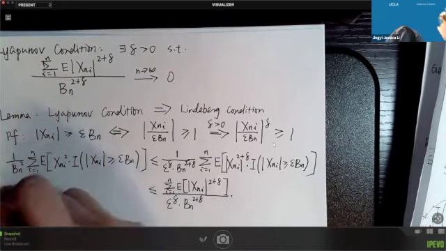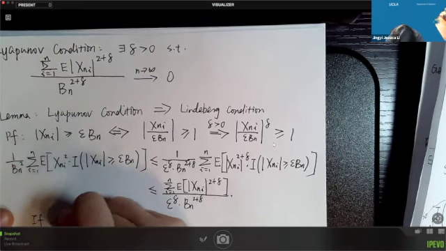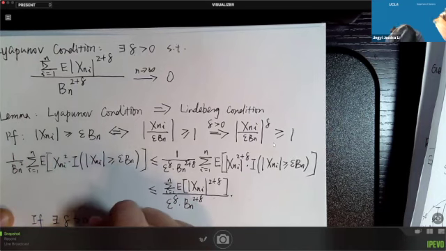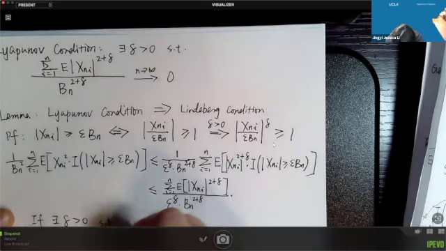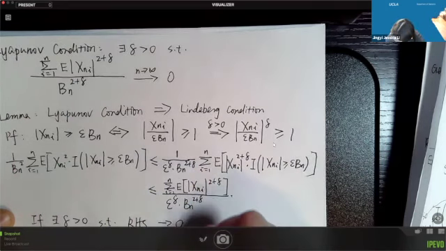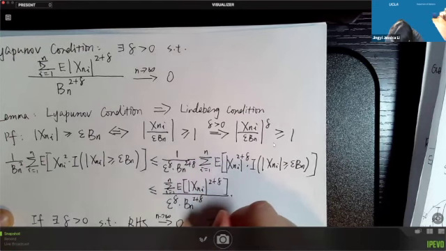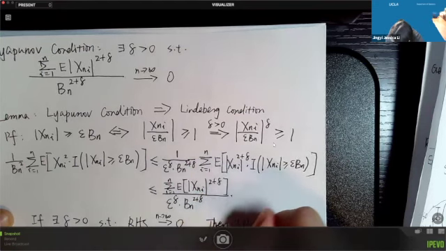So if there exists delta greater than 0 such that the right-hand side is going to 0, then the left-hand side is going to 0.